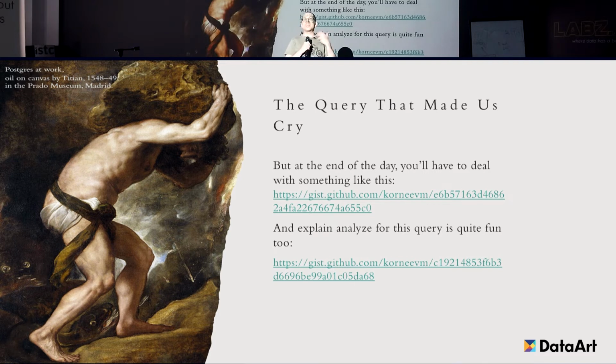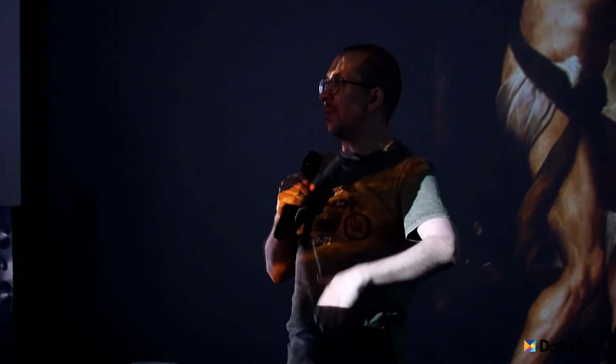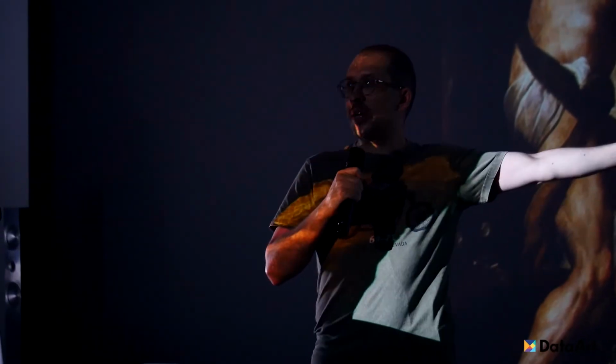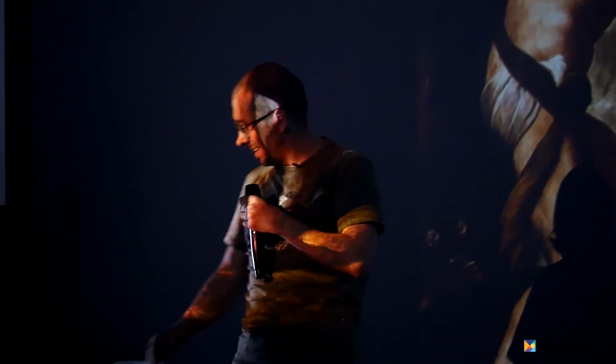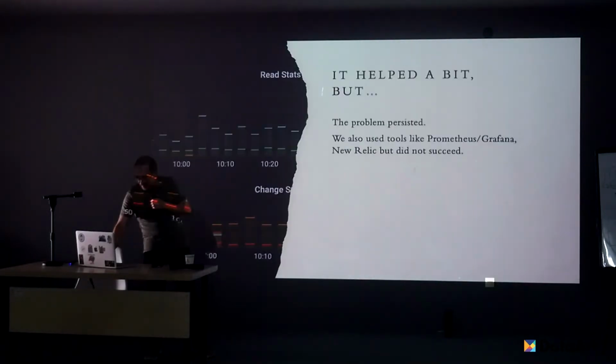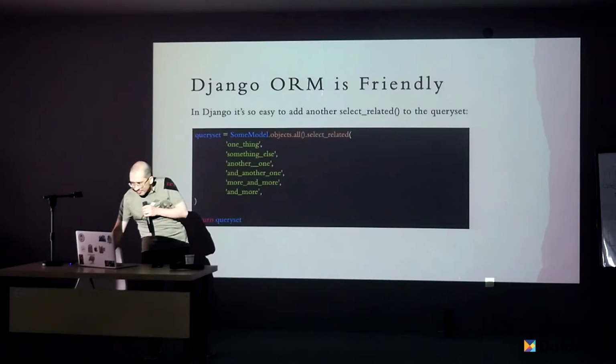It was not that slow, but it was executed quite often. So when you have, I don't know, 5 of these queries in parallel, Postgres will say goodbye and will look like this.